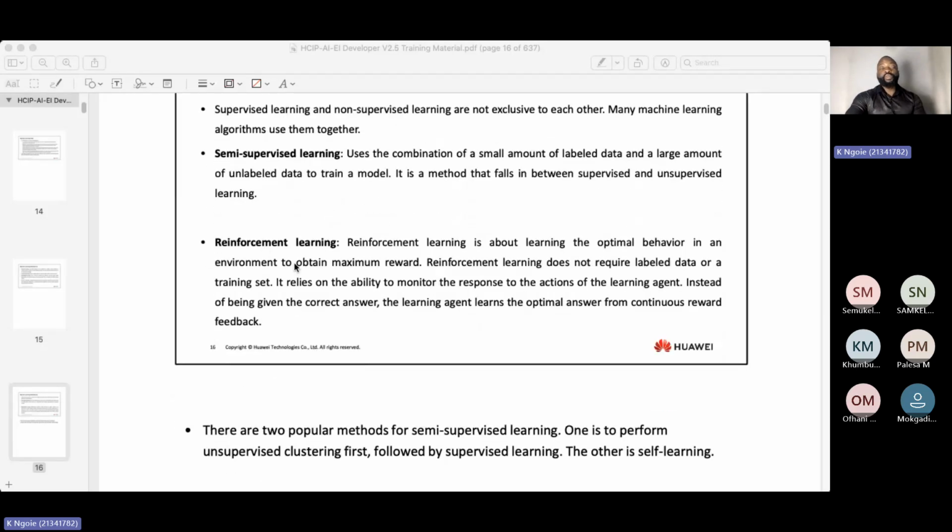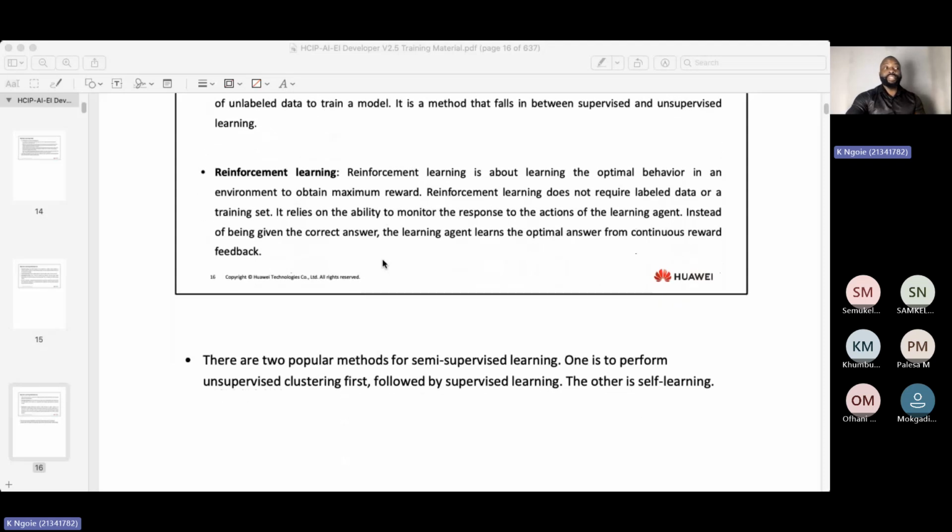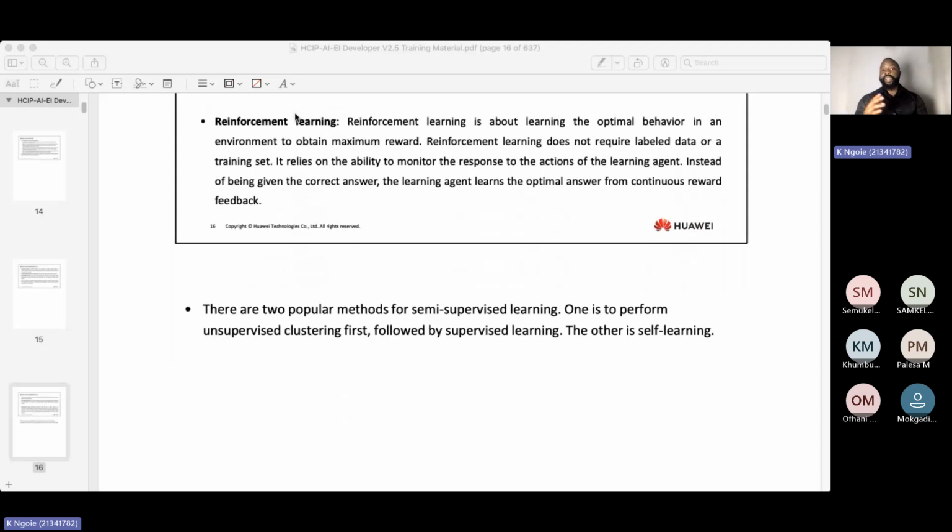And then the last one will be what is really used nowadays in robotics and all these AI that has to do with robots, the drones, cleaning robots. So we use reinforcement learning. In reinforcement learning, we do not teach the machine what to do.